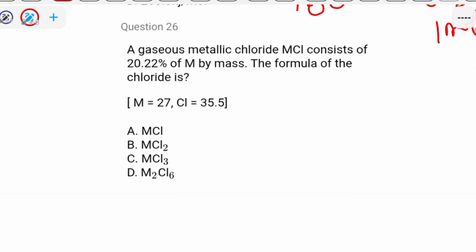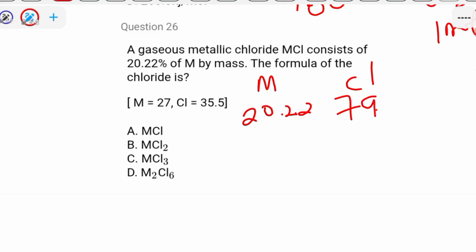Next one: a gaseous metallic chloride, MCl, consists of 20.22% of M by mass. The formula of the chloride is... So M is the metal, and I'm told the relative atomic mass is 27. So I'm going to write M here, the percentage is 20.22. The next one is chlorine: 100 minus 20.22 will give me 79.78.